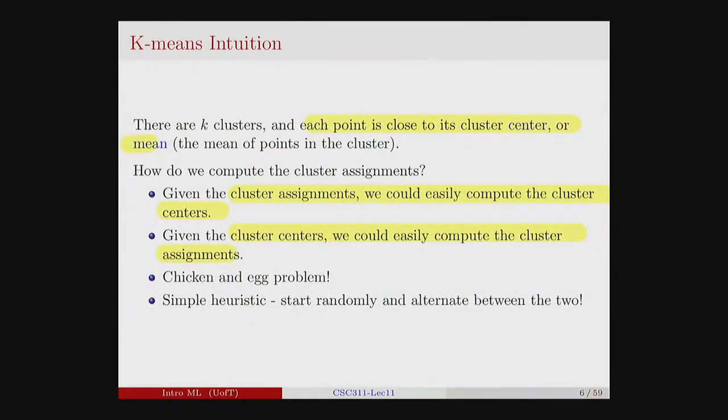And so what's the intuition here? Well, assume that we have K clusters, and that each point is close to its cluster center or its cluster mean. What does this mean? When we say mean, we mean the average of points within the cluster.